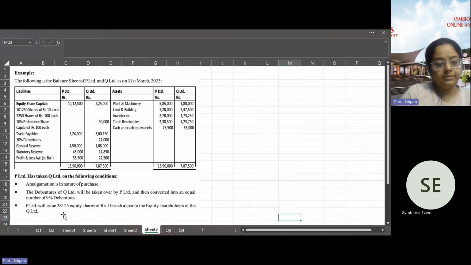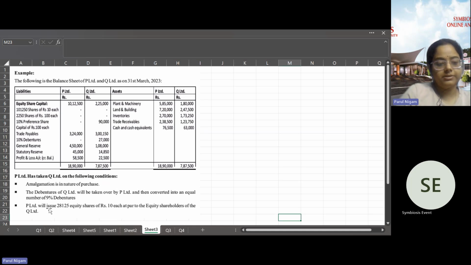Then P Limited will issue 28,125 equity shares of rupees 10 each at par to the equity shareholders of Q Limited. So this is the case: the following is the balance sheet and these are the conditions. It is said that Q Limited debentures will first be taken over and then they will be paid an equal number of 9% debentures.